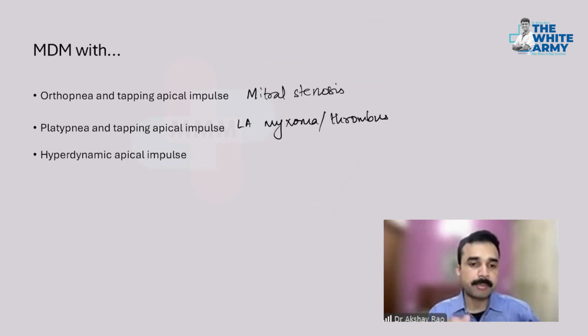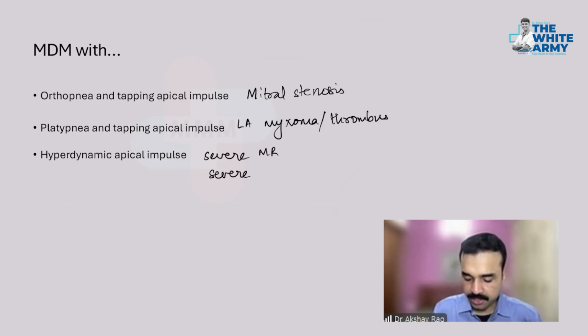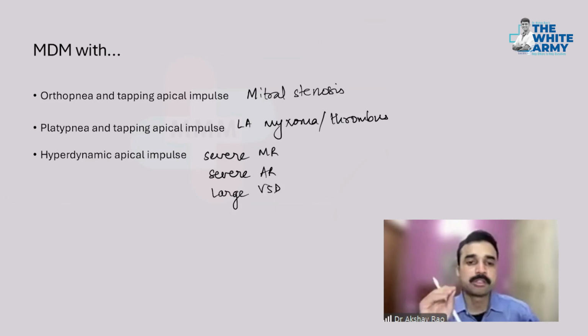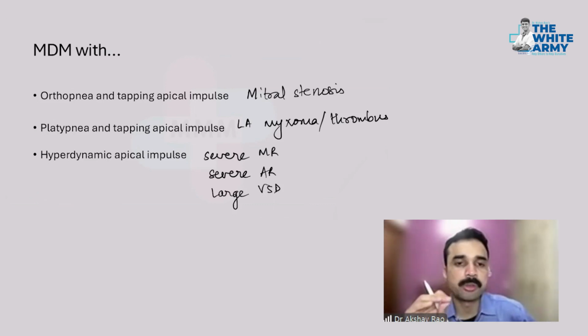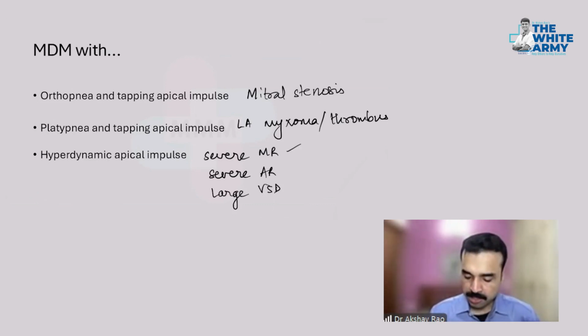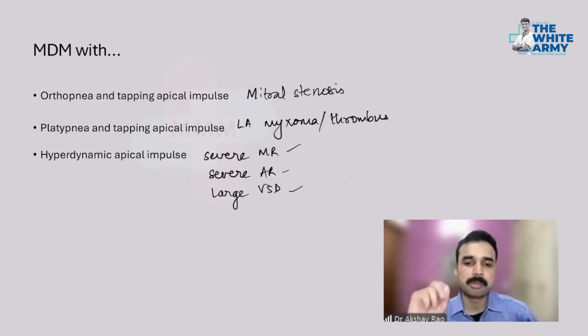So if you hear an MDM with the hyperdynamic apical impulse, it may be severe mitral regurgitation or severe aortic regurgitation or a very large VSD. Okay, which means MDM is not the only murmur that you'll be hearing. You must be hearing a pansystolic murmur, or an early diastolic murmur.